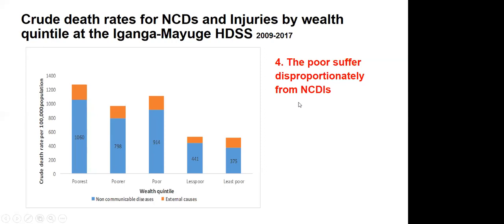So we also found the crude death rates for NCDs and injuries by wealth quintiles.